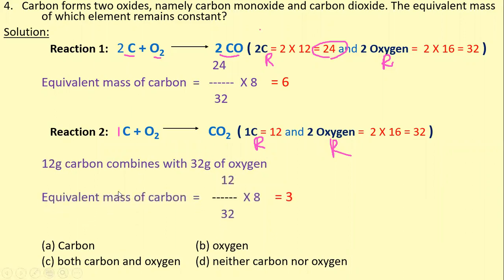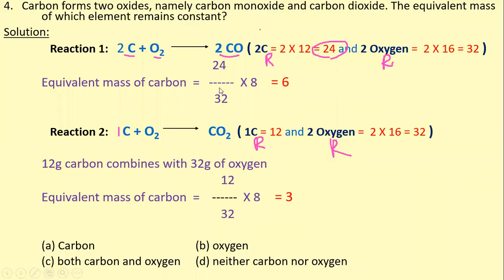See now, the equivalent mass of carbon for this carbon dioxide will be calculated the same as we did for reaction 1. Carbon will be 12, that is divided by oxygen 32. So now, on subtracting both of these, we get 8.